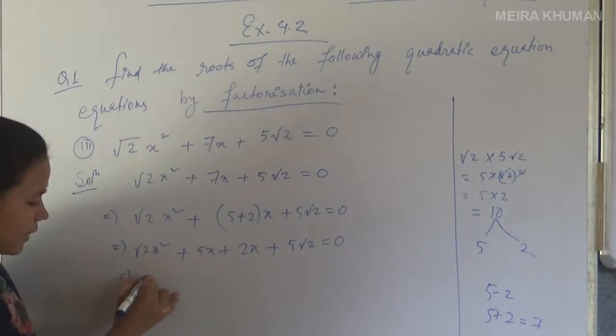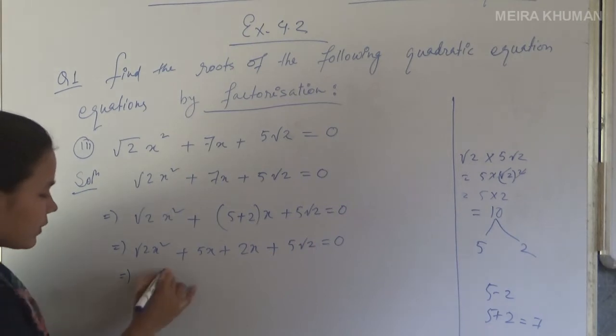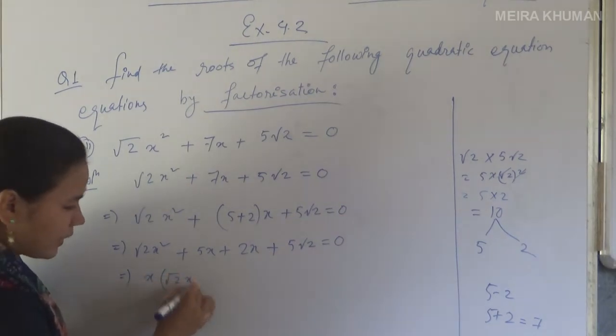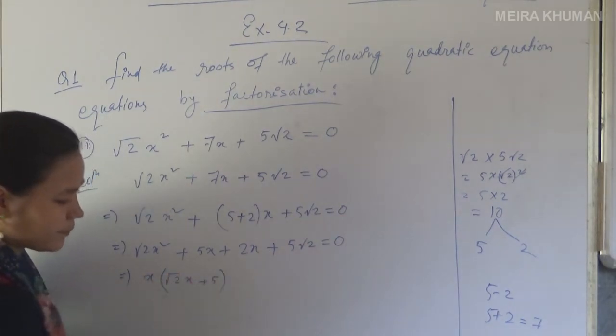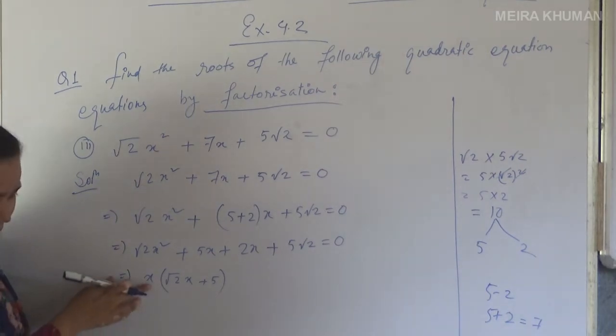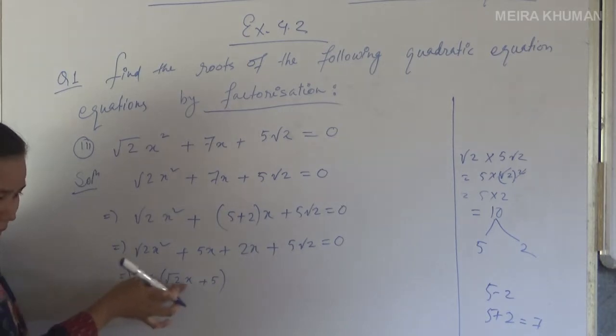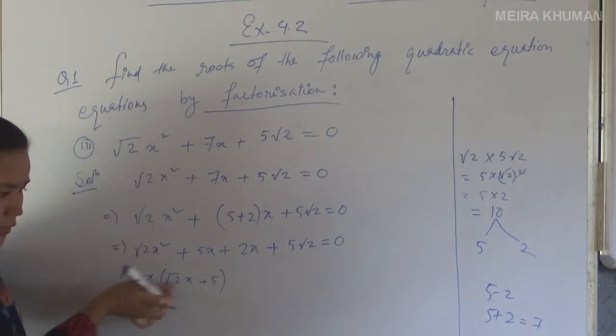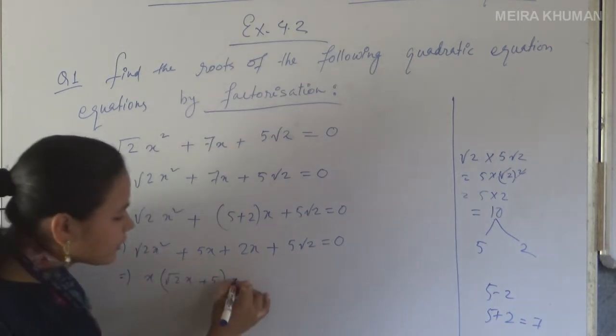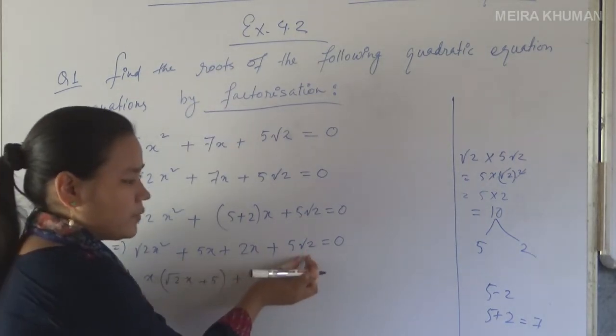What is common here? x is common. Then here is root 2 x plus 5. See, x into root 2 x gives root 2 x square, and x into 5 is 5x. Then again here 2x and 5 root 2.